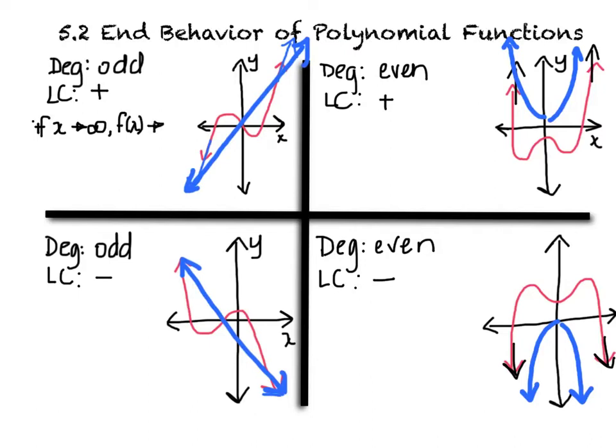So what I'm asking you is, as x gets bigger, do I approach positive infinity or negative infinity? Well, this goes to positive infinity. And actually that should be as, sorry.